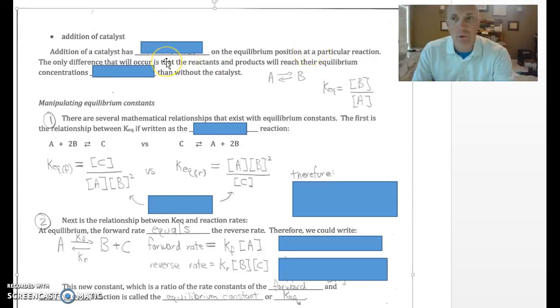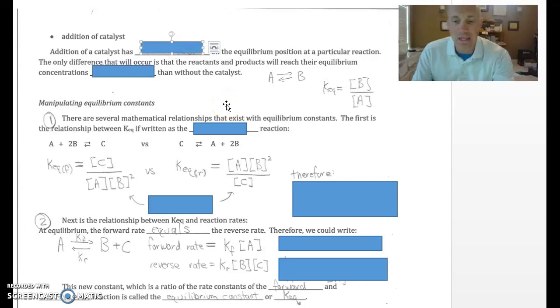Okay, so I wanted to go over a couple last topics having to do with equilibrium. The last thing that you might be asked to know about concerning how something affects an equilibrium constant or the position of an equilibrium reaction would be the addition of a catalyst. Remember that catalysts are substances that can speed up a reaction.